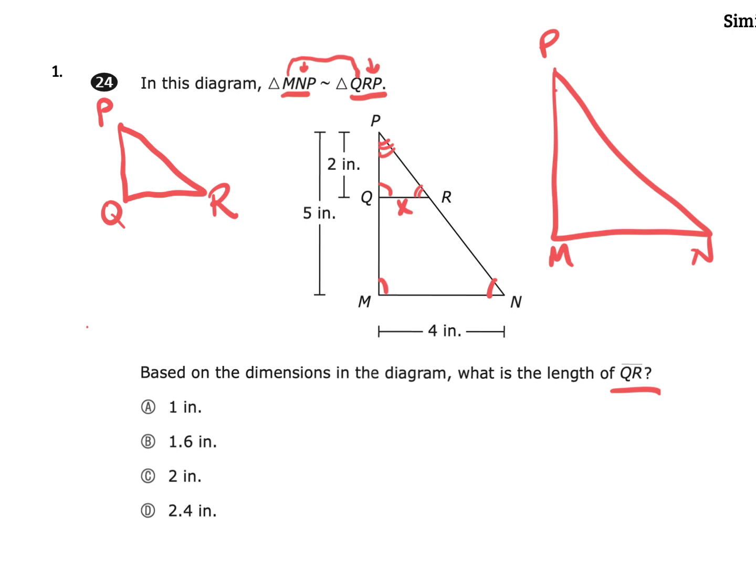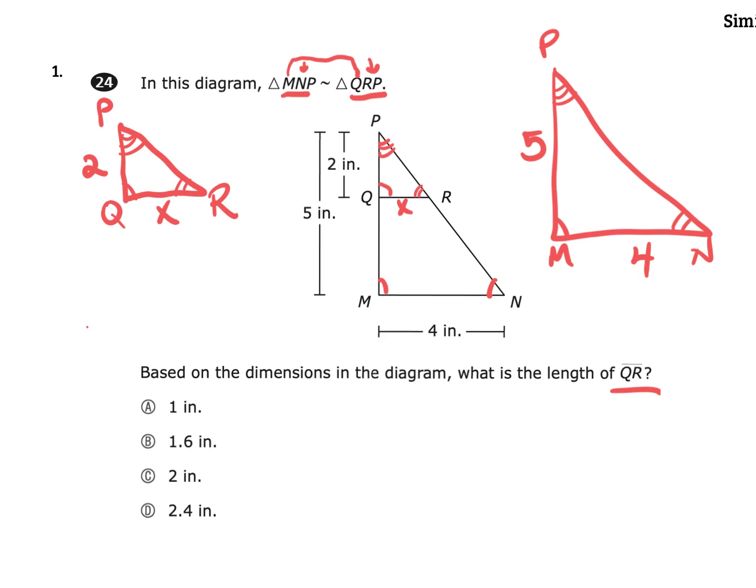Obviously we know P is congruent to itself, Q is congruent to M, and R is congruent to N. Now this is 2, but PM is 5. We're looking for QR, which is X, and this is 4.